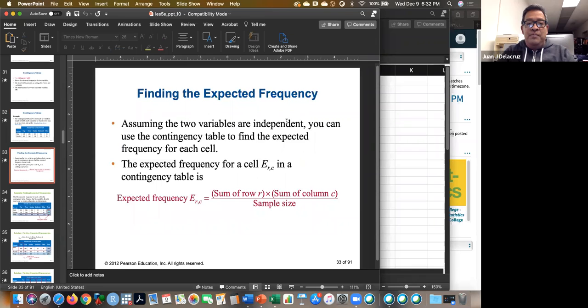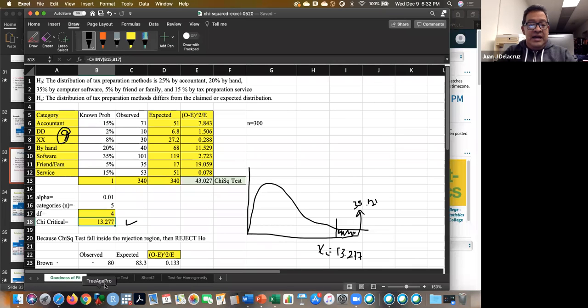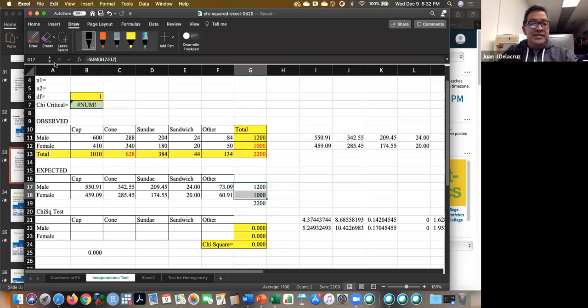We also started building the expected frequency. The expected frequency is found by multiplying the sum of the row times the sum of the column, and then dividing by the sample size. The intersection of these two gives me the value of the first cell.